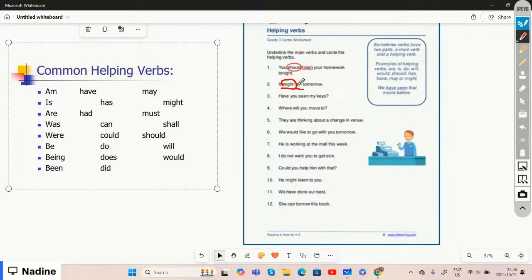Have you seen my keys? We need to select the main verb, and then we're going to identify the helping verb.